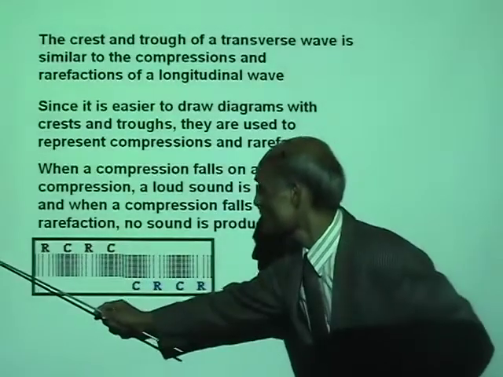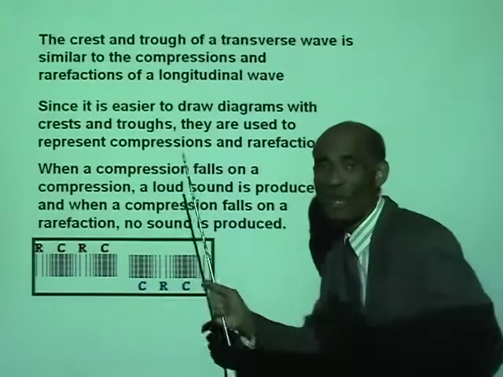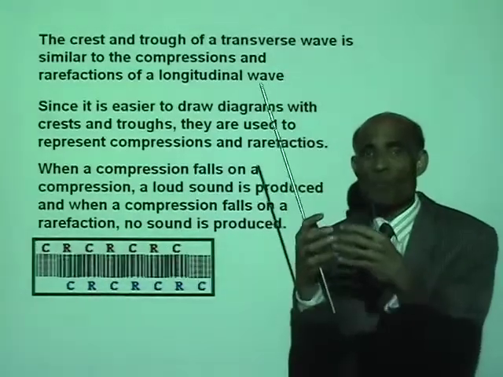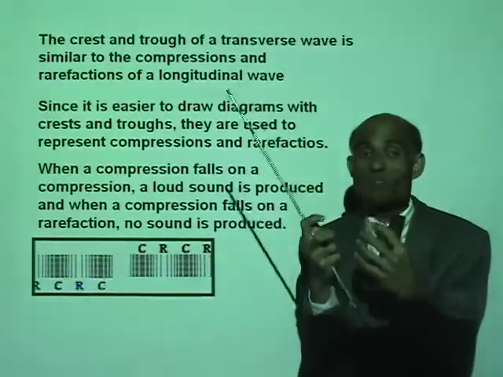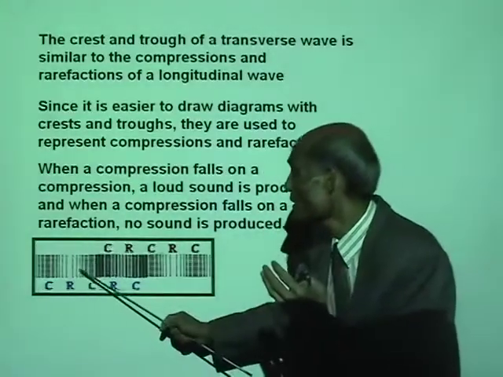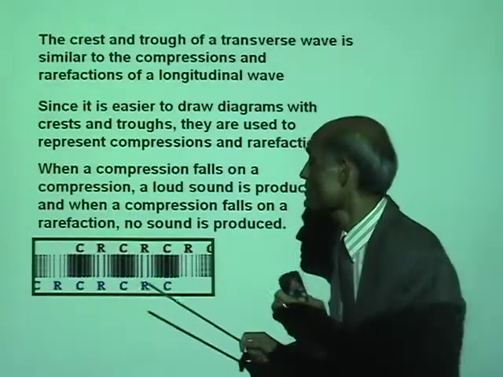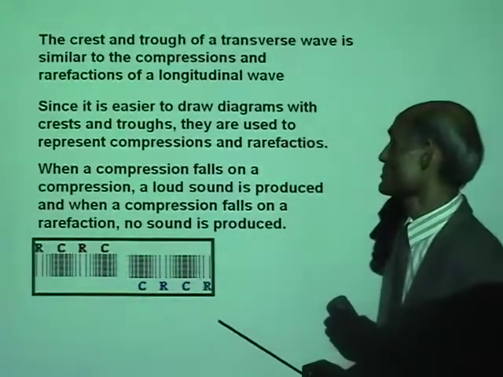Now, here's an illustration. One sound coming from the left and the sound coming from the right, they interfere. And watch where the compressions become darker. When compression falls on compression, you get darker regions. Loud sound, no sound, and so on.